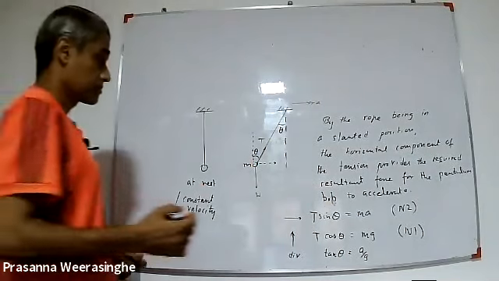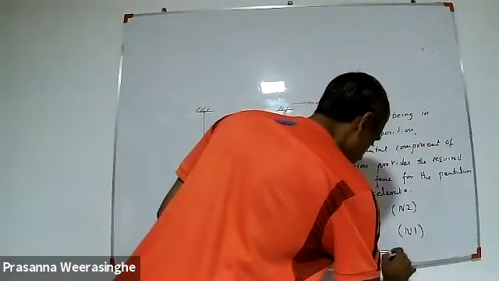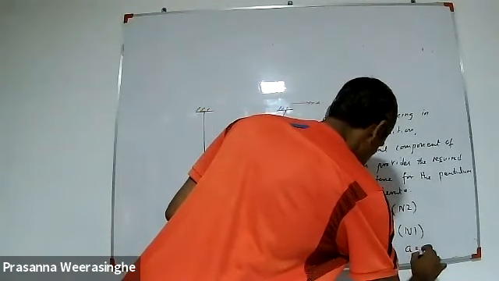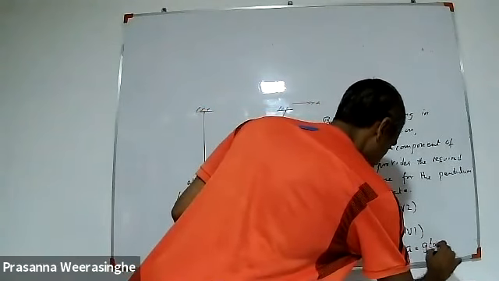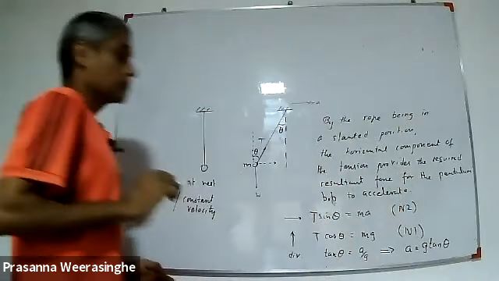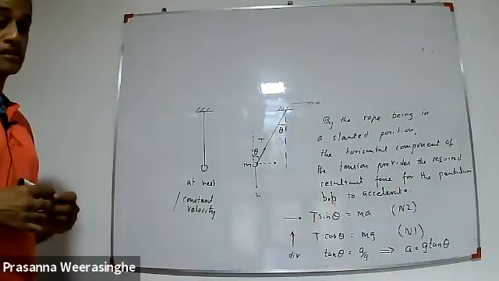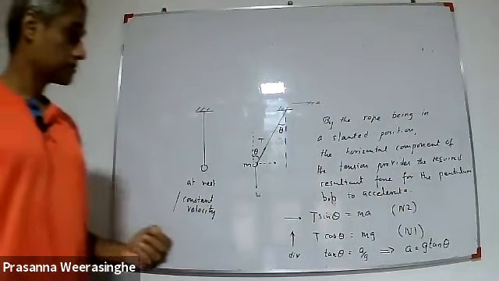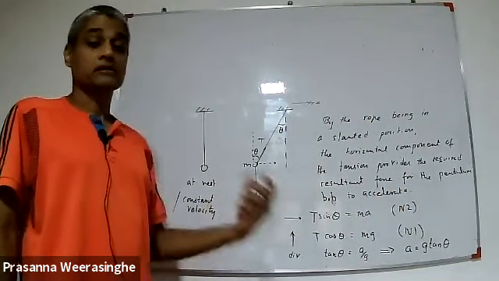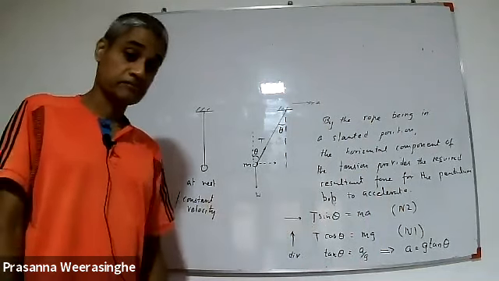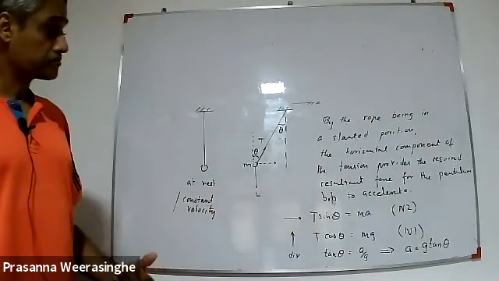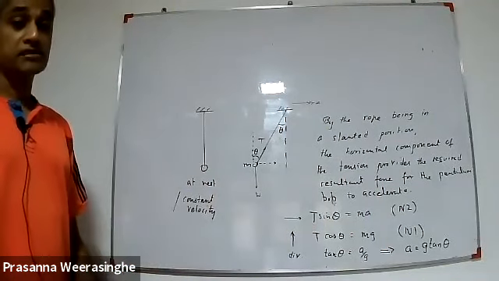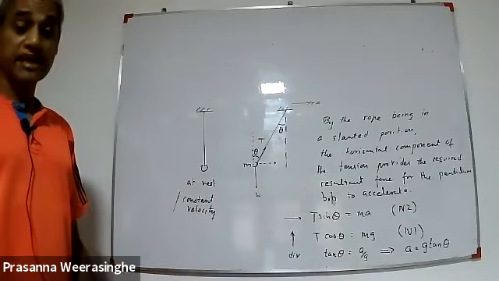All right, and then what does that get you? The acceleration depends upon two things. It depends on the acceleration due to gravity. You increase the acceleration, your theta will increase because you see tan theta.